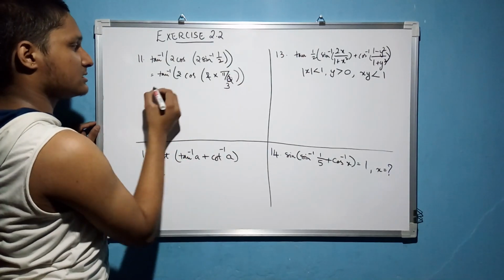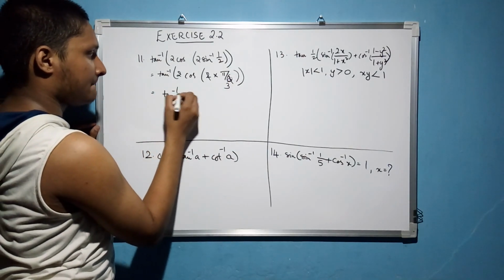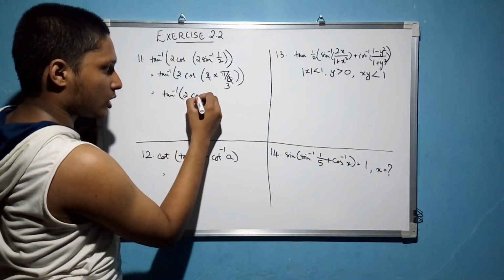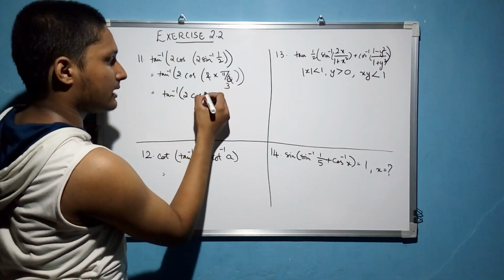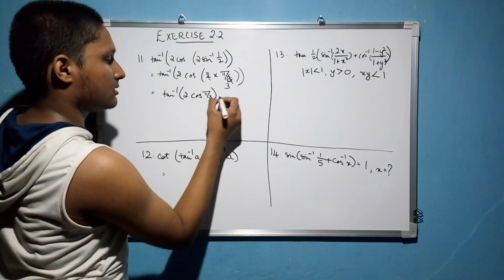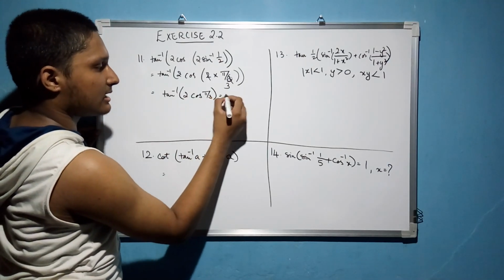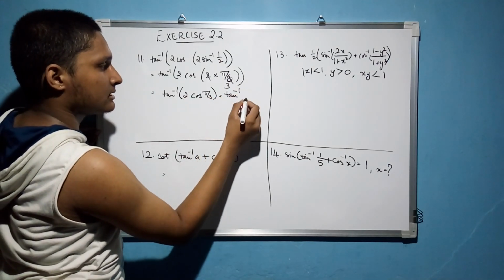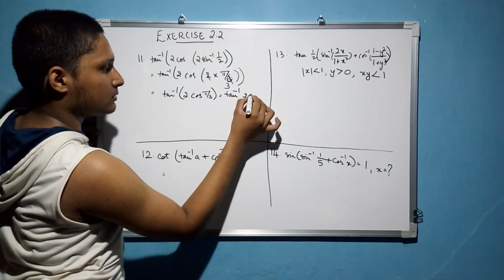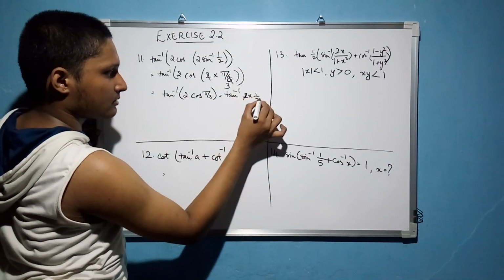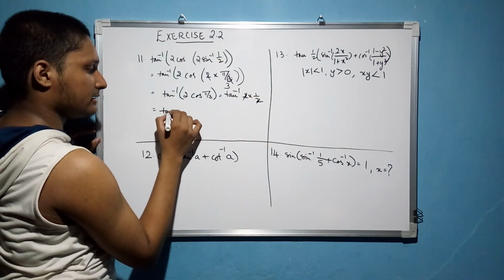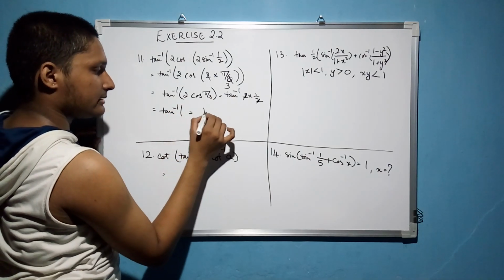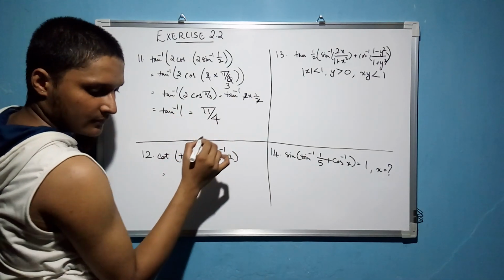Okay. So now we have tan inverse of 2 cos pi by 3. Cos pi by 3 is half. Therefore this becomes tan inverse of 2 into half, or tan inverse 1, that is pi by 4.